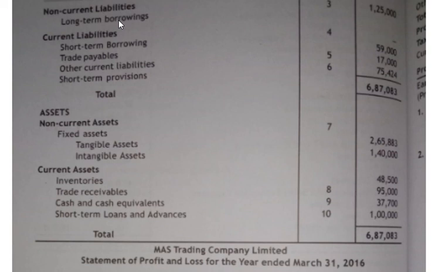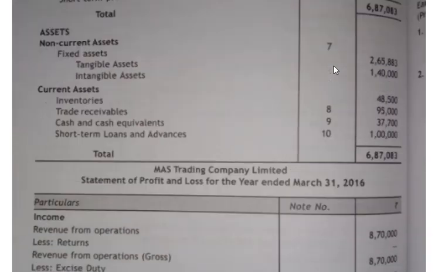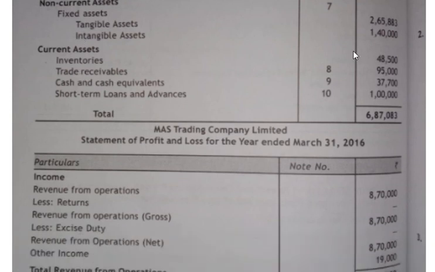is there. Trade payables 59,000, other current liabilities working note number 5, 17,000, short term provision working note number 6, 75,424. So total you get 6,87,083. Asset side we have a non current asset, fixed assets, we have a tangible asset 2,65,883, intangible asset is 1,40,000.